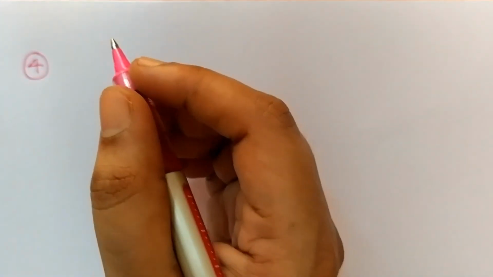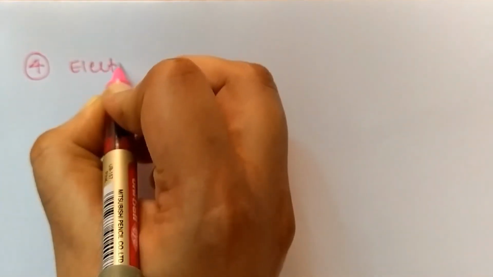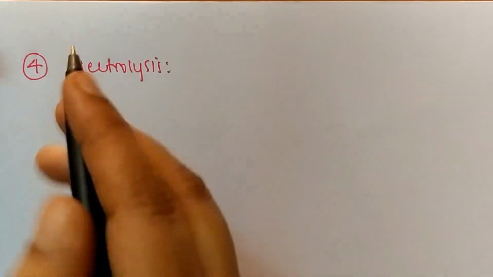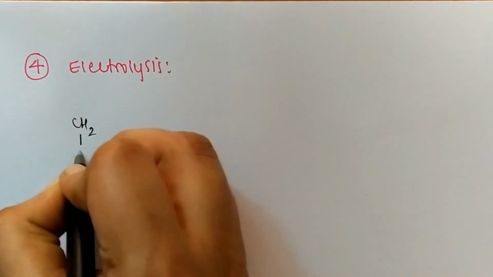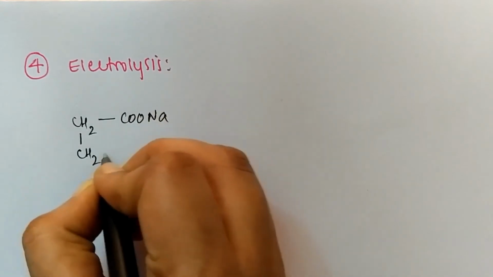Now our next reaction is based on the sodium salts of dicarboxylic acid, that is, by the electrolysis of the sodium salt of dicarboxylic acid. So now let us consider a compound. This is called as the disodium succinate.